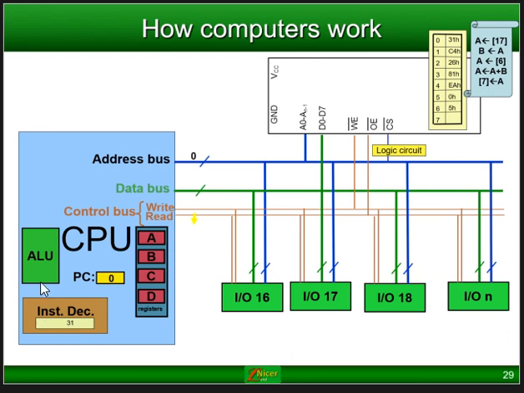So the instruction decoder will now make sure that the correct address is placed there, and that the correct IO, in this case IO 17, will be addressed. And whatever sits on IO 17 will then go through the data bus, and it will go into A eventually. So let's see if that is true. Let me step again.